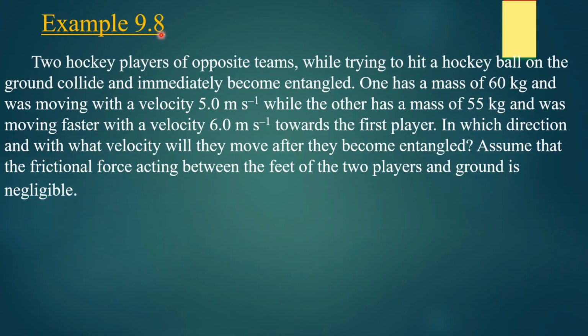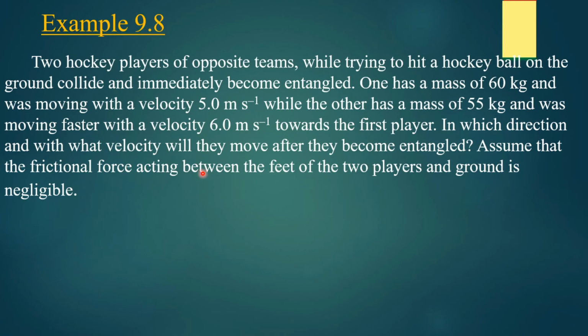Consider example 9.8. Two hockey players of opposite teams, while trying to hit a hockey ball on the ground, collide and immediately become entangled. One has a mass of 60 kg and was moving with a velocity of 5 meter per second, while the other has a mass of 55 kg and was moving faster with a velocity of 6 meter per second towards the first player.